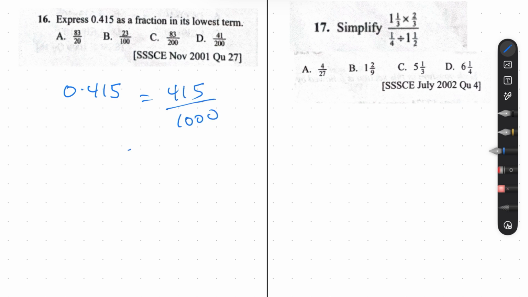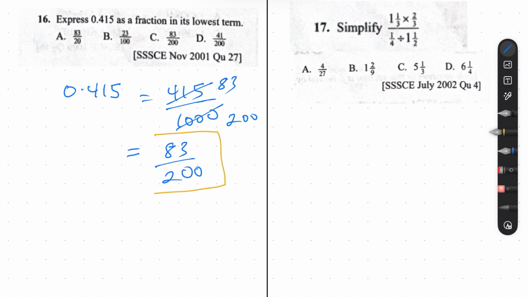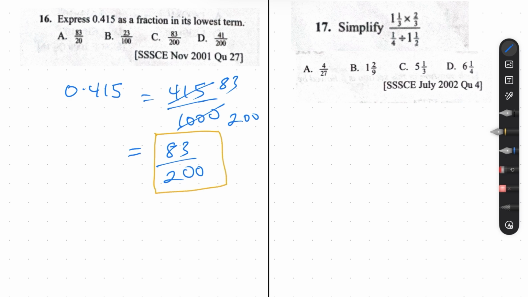So when we break this down, 5 goes here, 83, and 5 goes here, 200. So you have 83 over 200, and that is our answer. Okay, let's move on to the next question.